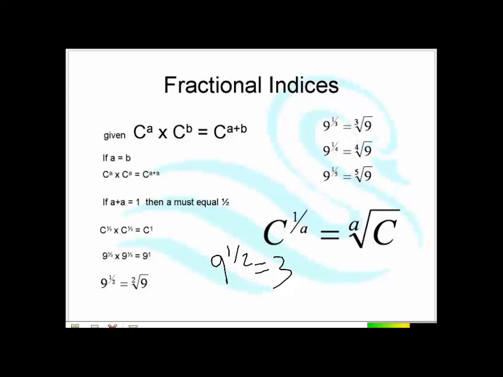The reason I bring that up, in fact, going on from that, 9 to the power of the third is the cube root, 9 to the power of the fourth is the fourth root. The reason I mention that is because some calculators don't have a square root button on them.